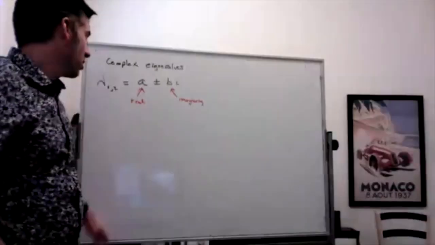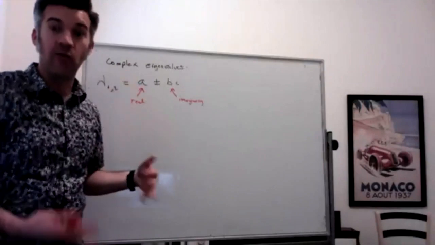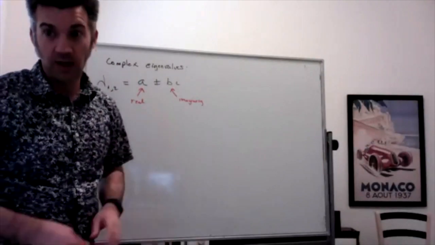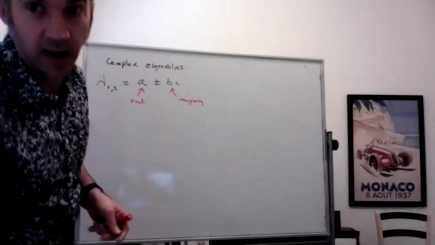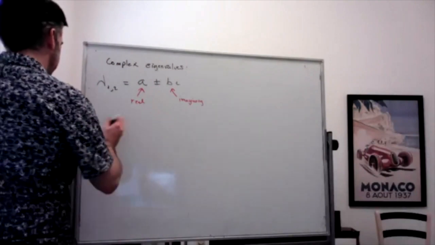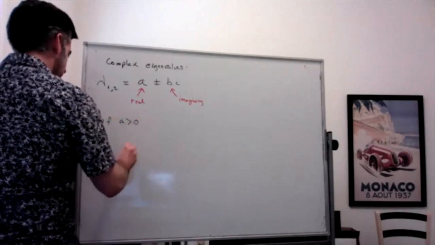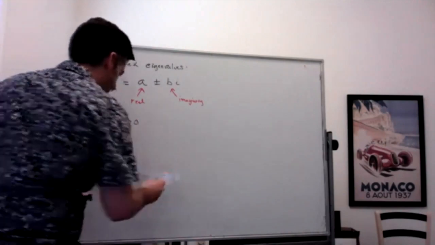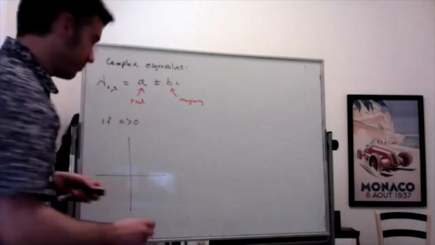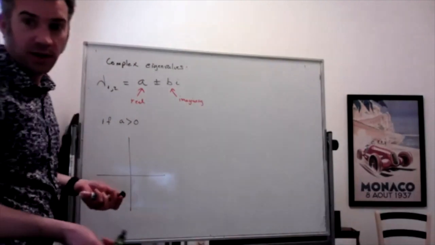Over here, when the real part is positive, we're going to have instability. So here's what this is going to look like. If the real part is positive, then we're going to have an unstable spiral.